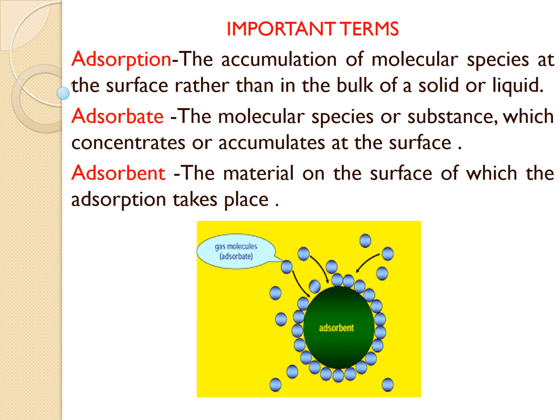The green colored circle in which it is written adsorbent is nothing but charcoal on which the gaseous molecules are getting adsorbed. So this complete phenomenon is known as adsorption, and the gaseous molecules that get adsorbed are known as adsorbate, and the charcoal that provides surface for adsorption is known as adsorbent.